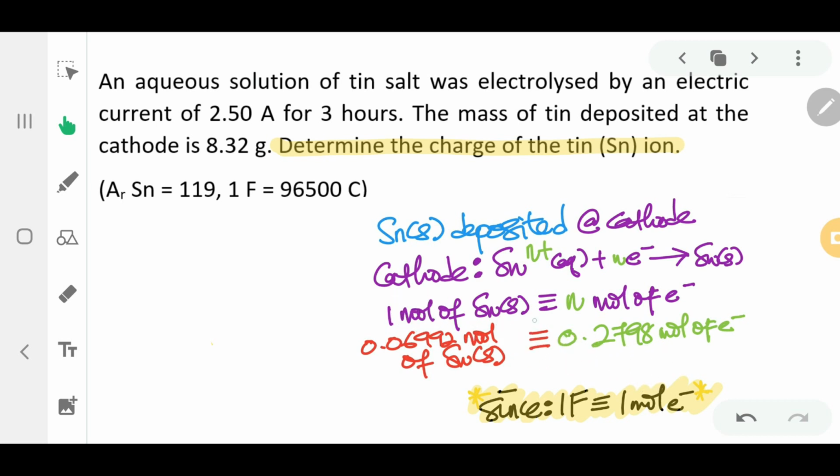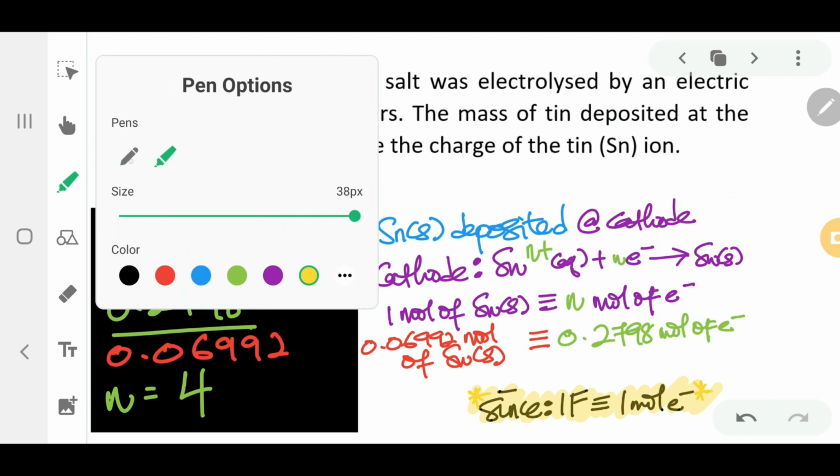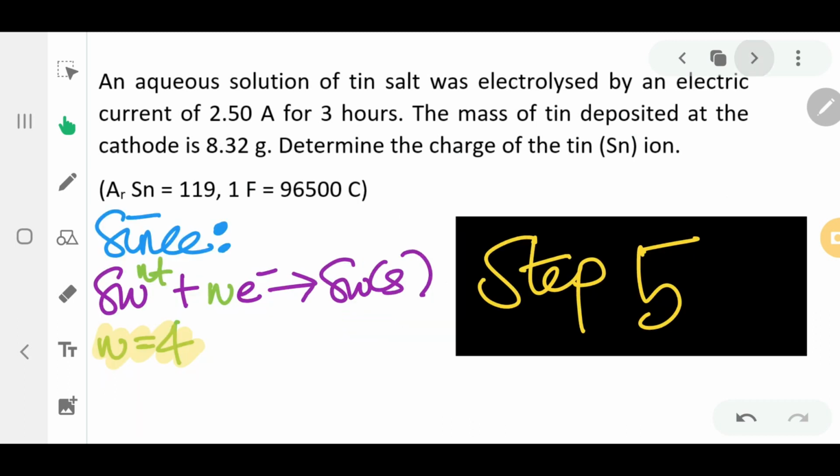When you do the cross multiplication, you should be able to get the number of moles of electron. If you do this, you can get the n mole of electron. When you take this number and you divide by 0.06992, n equals to 4. So when n equals to 4, we do know that the number of moles of electrons is 4, and therefore the charge of the tin will be 4 plus.